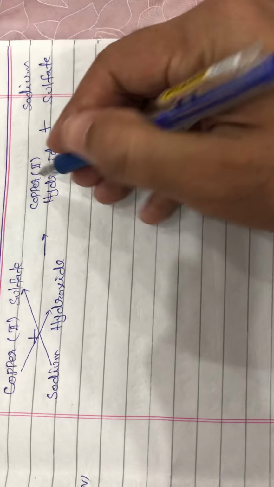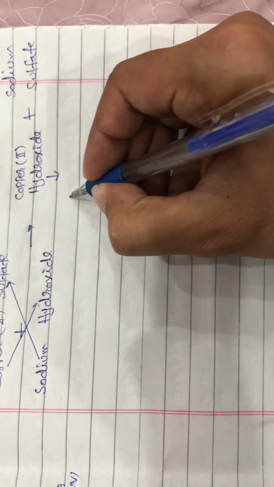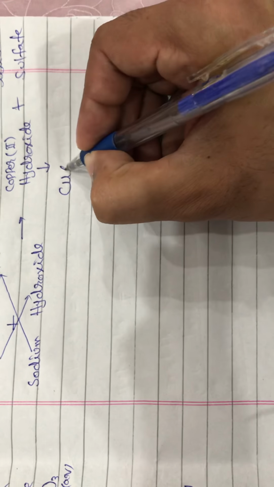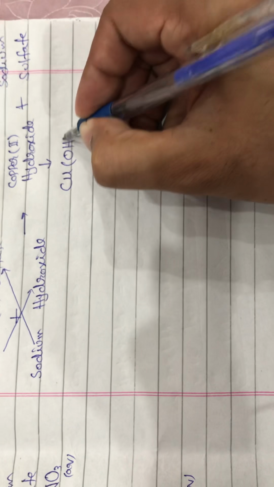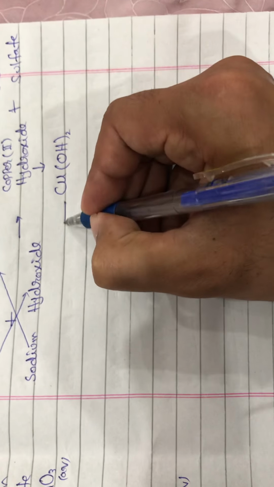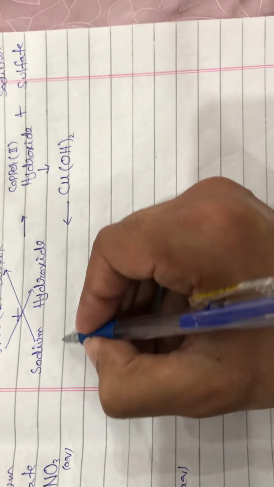Now this copper 2 hydroxide has the formula Cu(OH)2, and these are the blue precipitates. Means this is the formula of the blue precipitate and the name of the blue precipitate is copper 2 hydroxide.